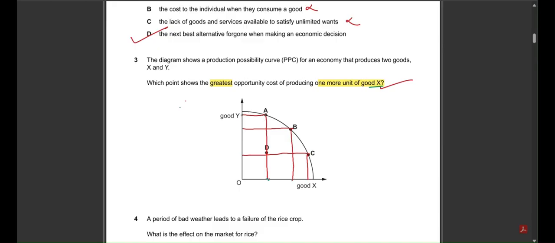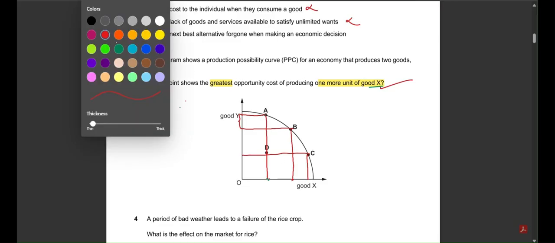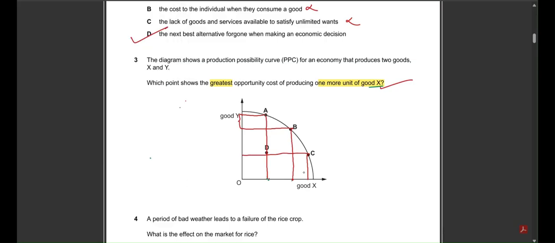I have to sacrifice this many units of good Y. Alright, so let's see from B to C. Just hold on, I'll change the color. This would be better. From this point, if I want to increase the units of good X, what would be the sacrifice which I need to make? I have to sacrifice this many units of good Y.